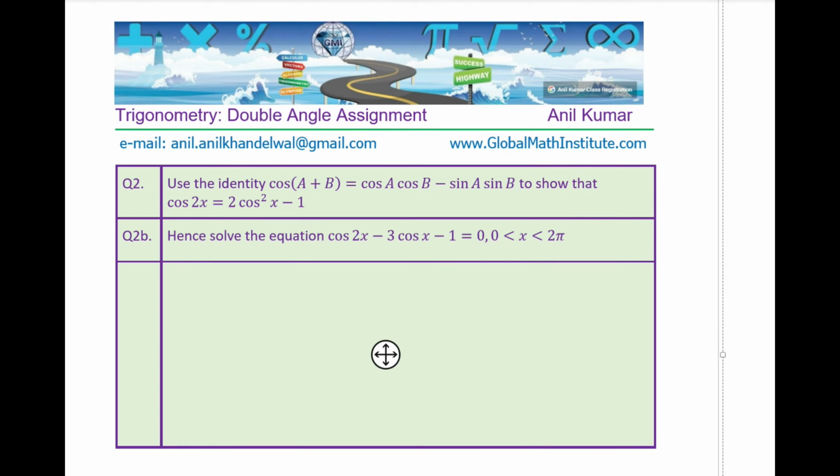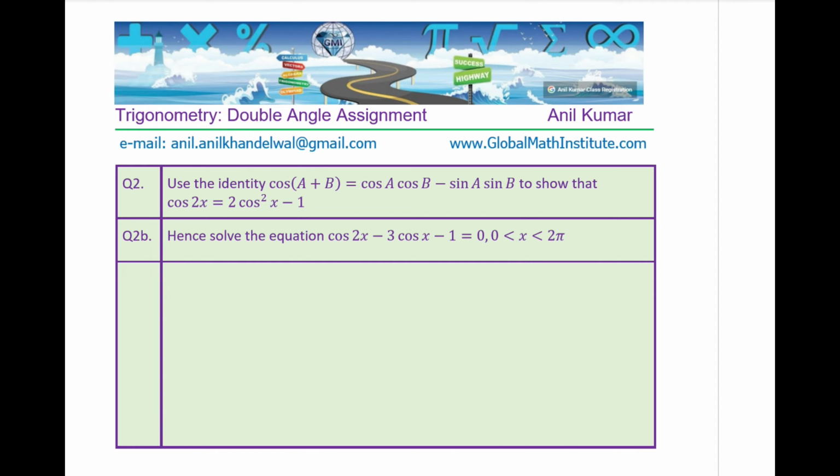Now let's take the next example, which is based on this particular application, which we used in question 1 also. The question here is, hence solve the equation cos 2x minus 3 cos x minus 1 equals 0 when x is between 0 to 2 pi. So it is very similar to our first question. The only thing is, for cos 2x, as we did last time, we'll write 2 cos square x minus 1.